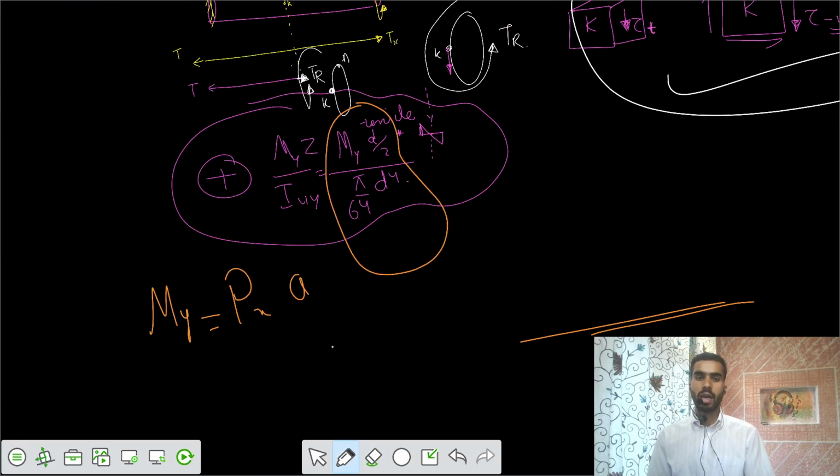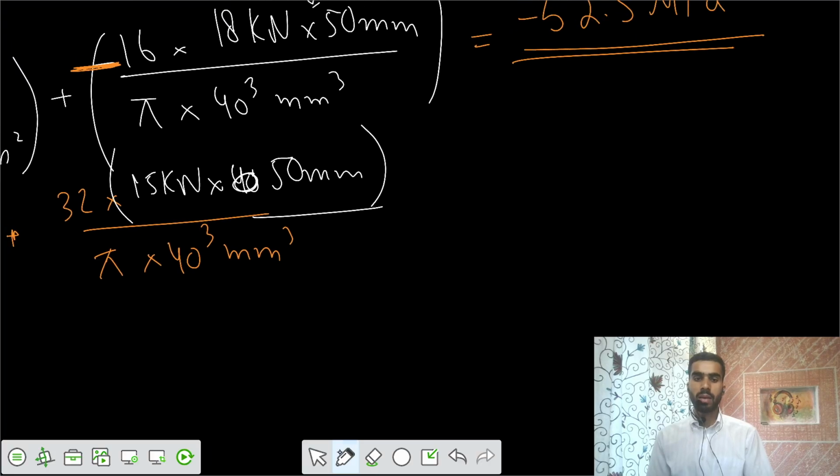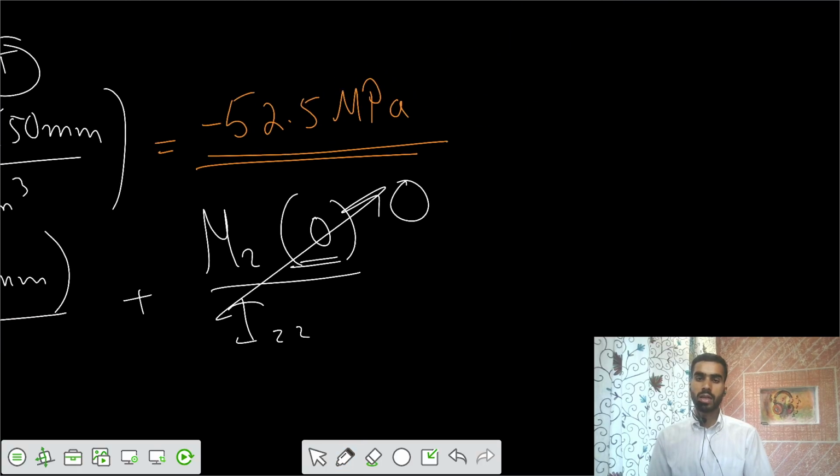Because of My, that was tensile at the bottom, and because of the Mz, Mz is 0. Izz is also there, but your y is at the neutral axis. Point K is at the neutral axis, so Mz is 0.